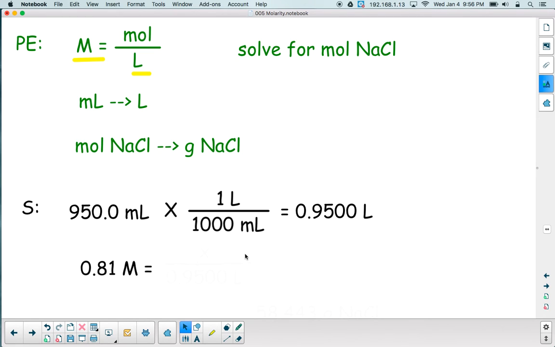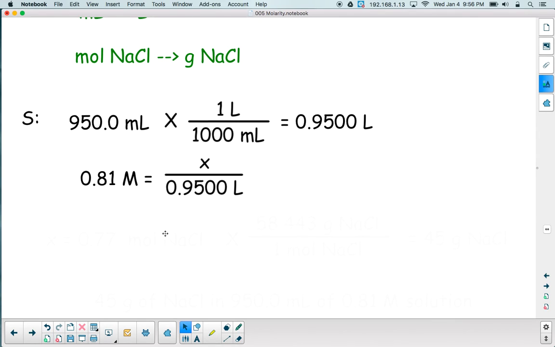And now I'm going to plug all of this into my molarity equation. This is the molarity I was given. This is my volume expressed in terms of liters. When I do the math, X is equal to 0.77 moles of sodium chloride.